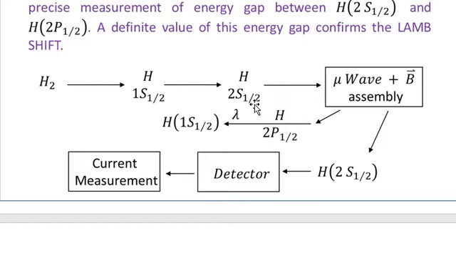That is, the hydrogen was raised to the 2s electron state, and 2s means 2s1/2 in spectroscopic symbol. This hydrogen atom in the 2s1/2 state will pass through the chamber having the tunable microwave and tunable magnetic field assembly.